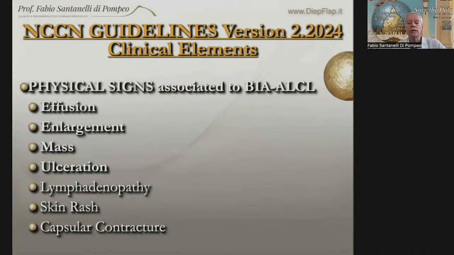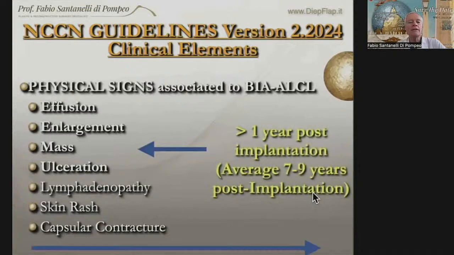All those symptoms usually present after 1 year from implantation, but their mean time of presentation is between 7 and 9 years after the implantation.